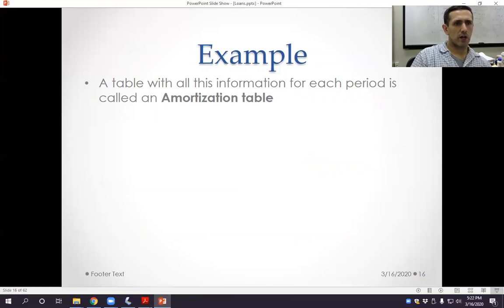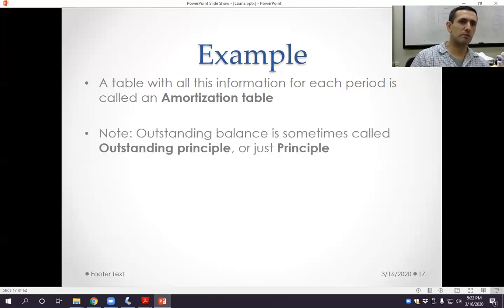A table with all this practical information is called an amortization table. Now, I should mention I have no idea where the word amortization came from. It's a very bizarre word, but it's not like I came up with it myself. And as I mentioned, outstanding balance is often called principal.